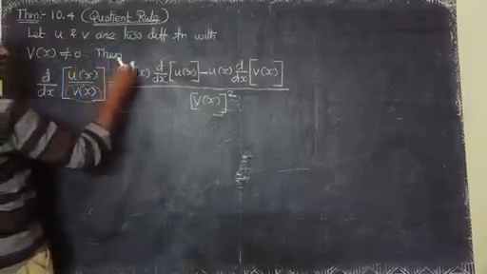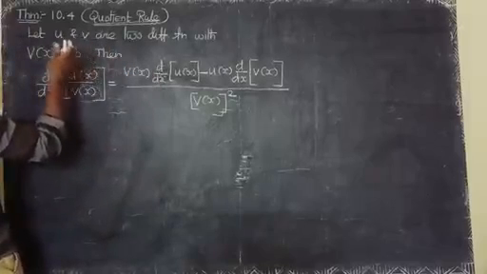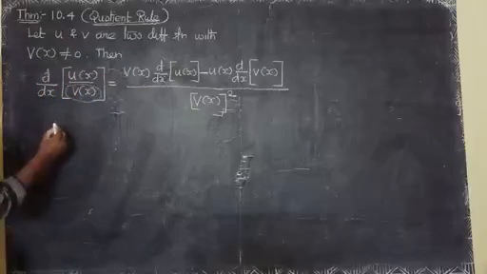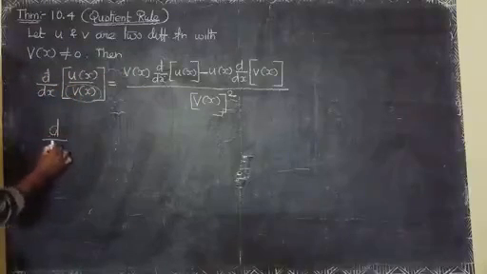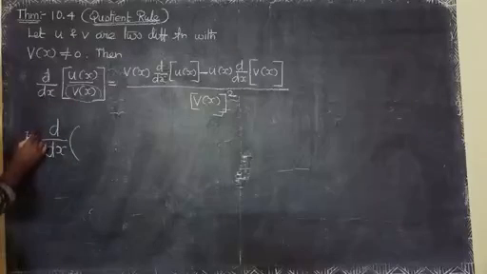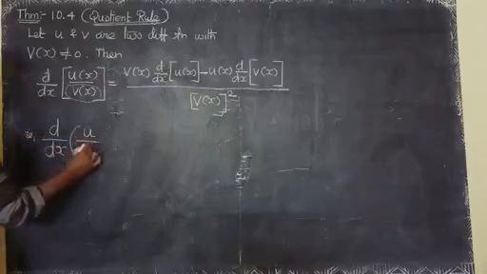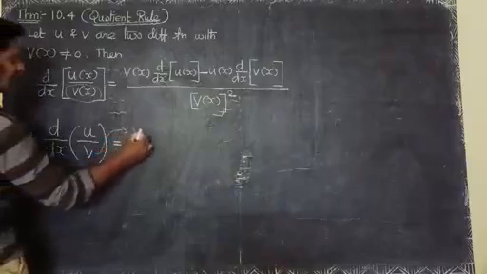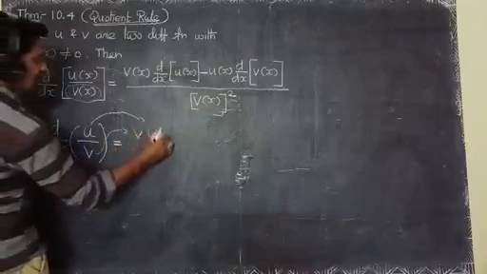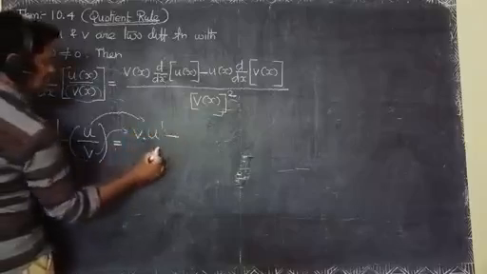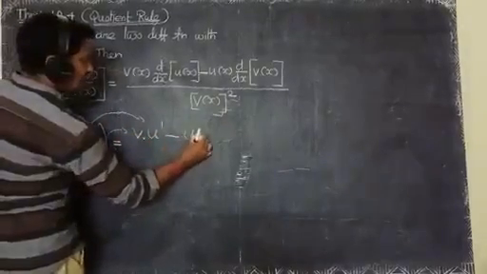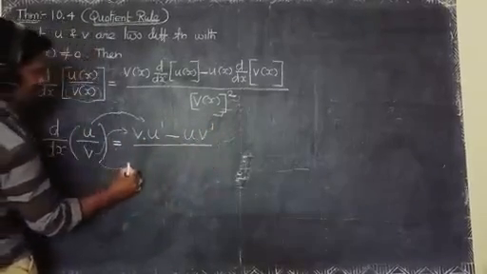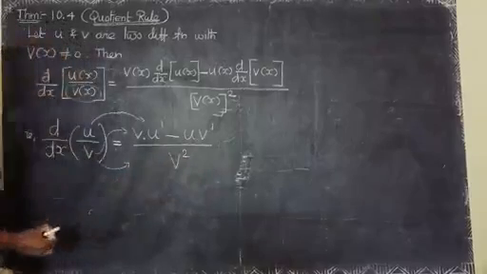Similarly, by the same process as theorems 10.2 and 10.3, it can be proved. It can be written as d by dx of u by v equal to v u dash minus u v dash divided by v square.